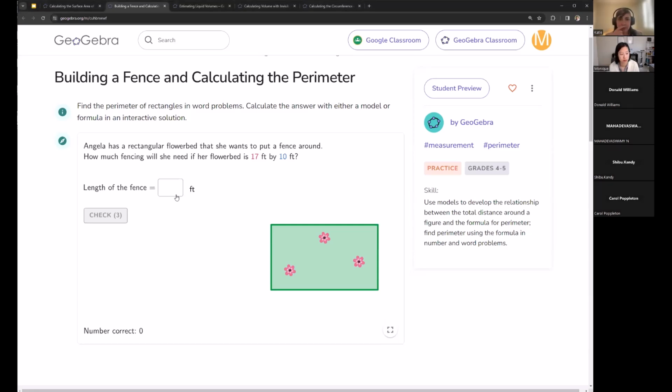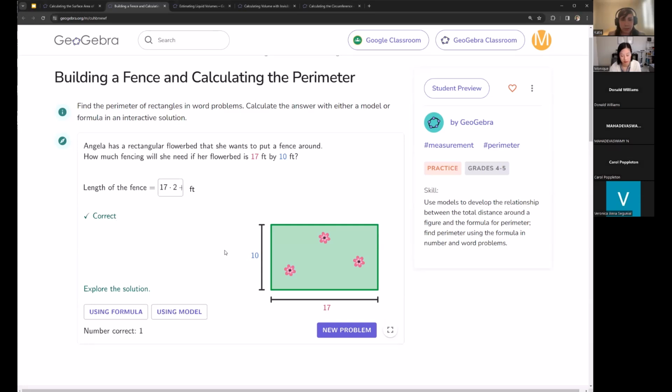So this is a really fun one. Okay, first let's try doing this one correctly with an expression. So Monique, do you mind writing in 17 times 2 plus 10 times 2? And just see what it looks like when it's correct. Yep.